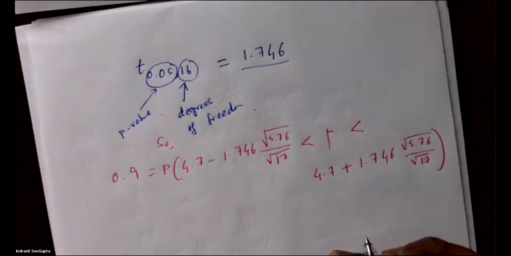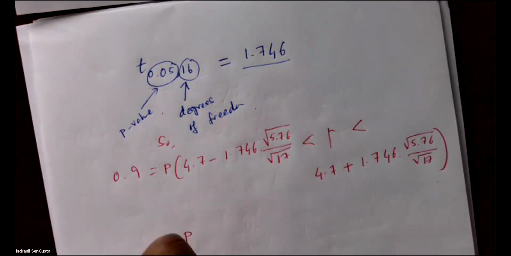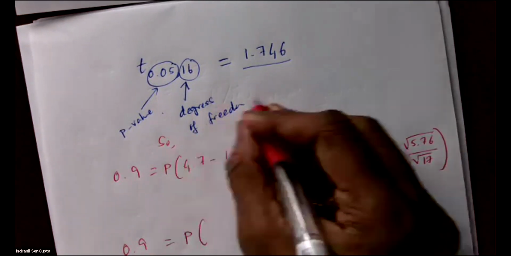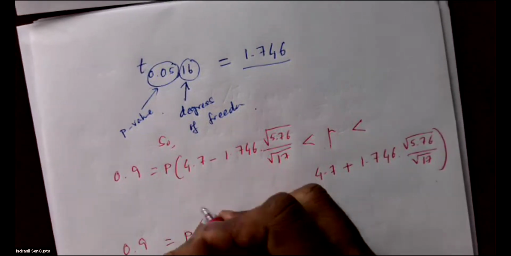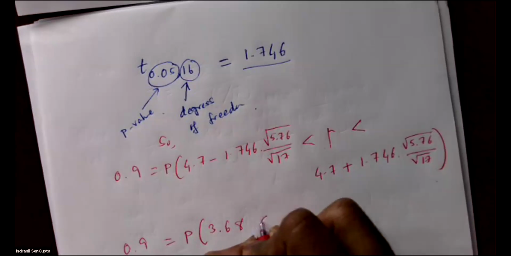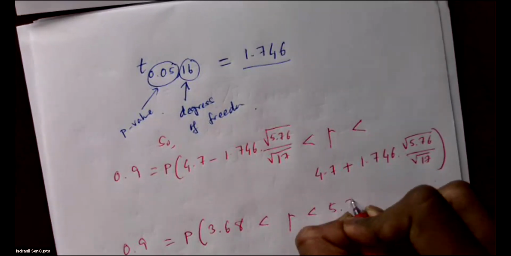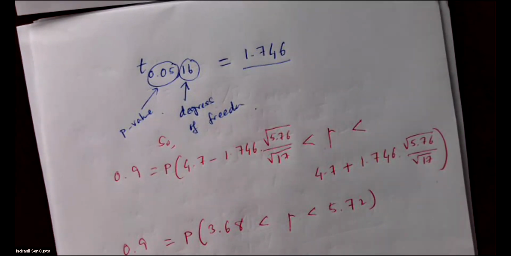I have this calculation. If you calculate this, you get 3.68 less than mu less than 5.72. So what is the answer?